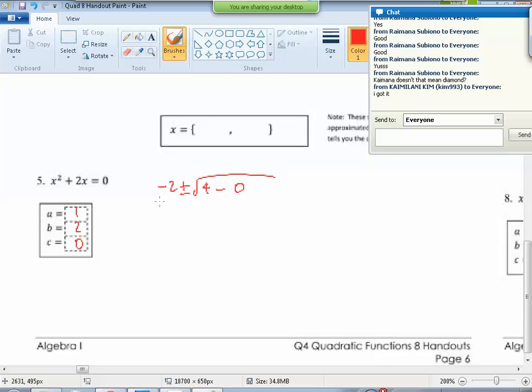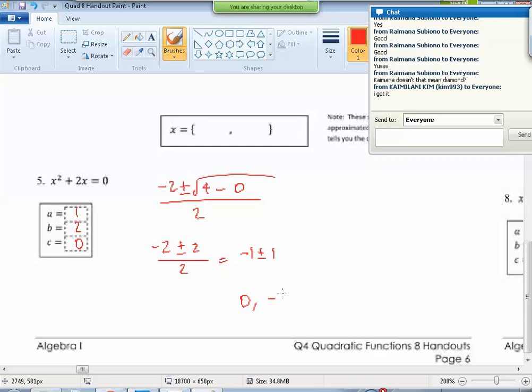So it'll be negative 2 plus or minus 2 divided by 2. So that's negative 1 plus or minus 1. So the answer is either 0 or negative 2.